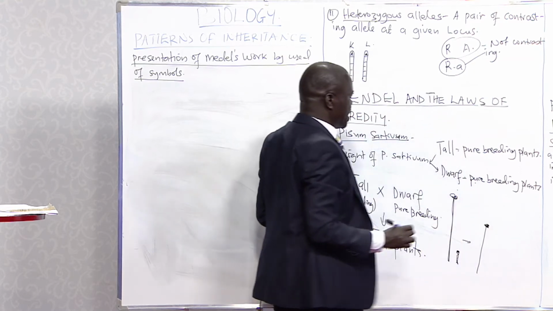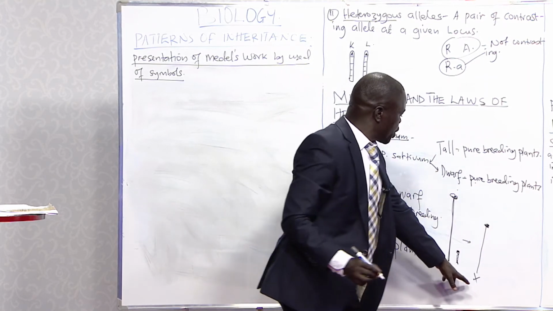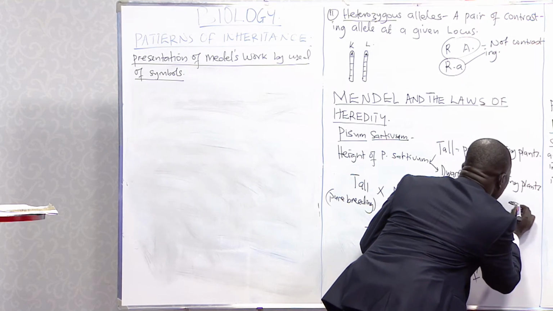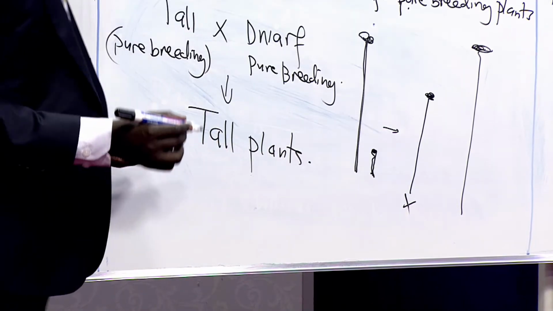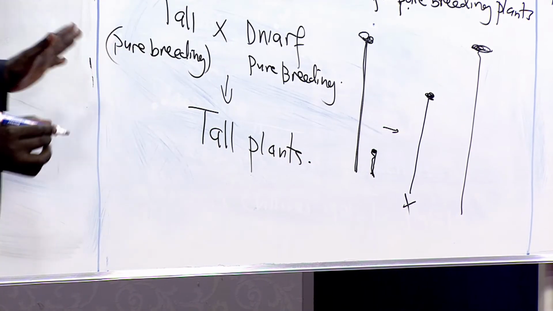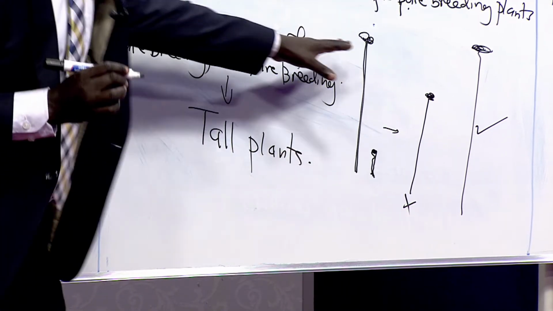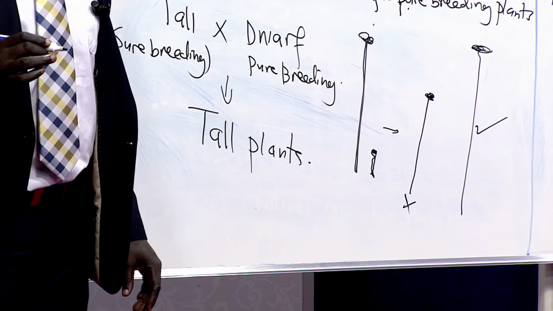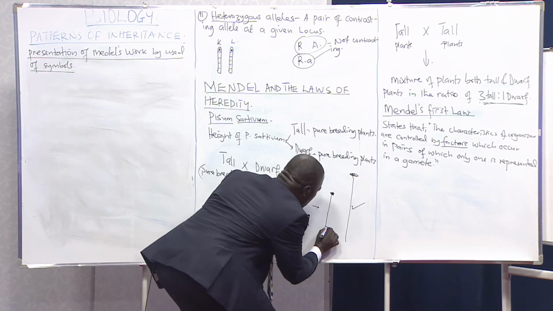It was not so. We got another tall. All the plants were tall, like the one of the parents here. There was no intermediate plant. What could be the reason?